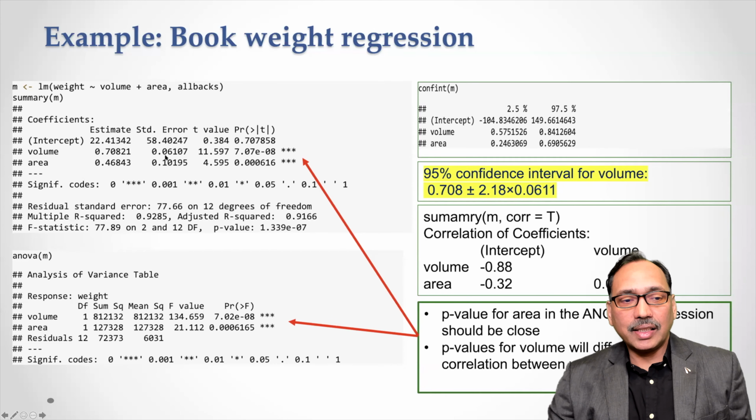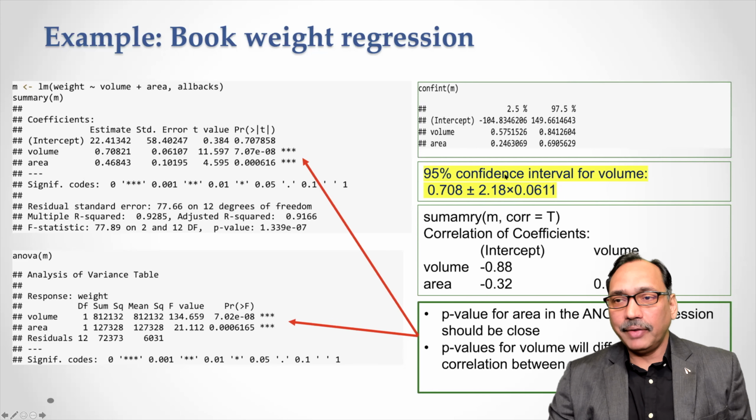And area 0.246, 0.679. Now from this data, if you want to figure out the confidence interval for volume, although we can get it very easily here, the calculation is very straightforward. We take the point estimate 0.708 and then plus or minus the t value for 95% confidence and the degrees of freedom.